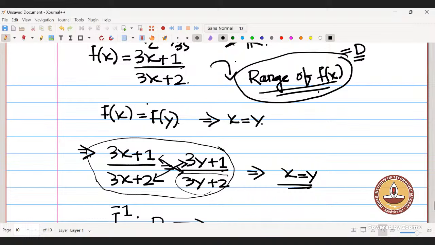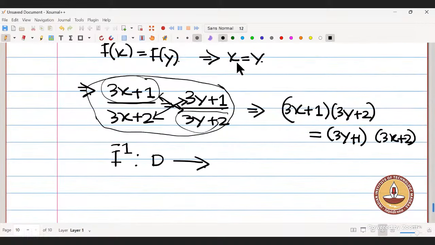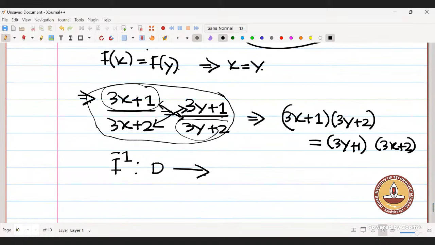You multiply this one with this one. If you multiply, what do you get? 3x plus 1 times 3y plus 2 is the same as 3y plus 1 times 3x plus 2. Now simplify it, and you will get x equal to y.